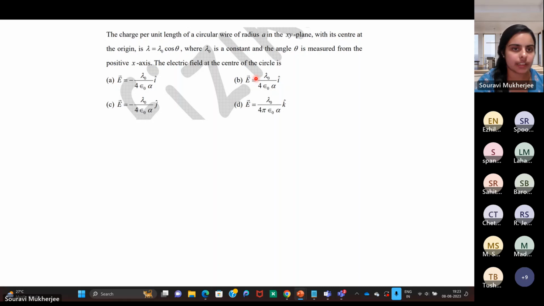So if you have to go conventionally, what is given to you is the line charge density along the circular wire. Okay. And you have to find the electric field at the center. So you know the distance of each. You have to consider the distance of each line element along the wire from the center. Okay.